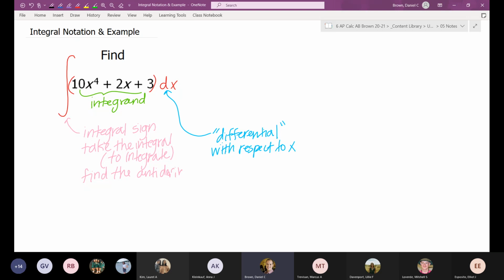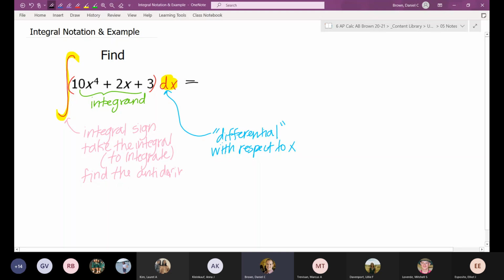And what's kind of picky, and the AP exam's a little bit picky about this as well, is think of these as bookends. So the integral tells you where to start integrating, and then the dx tells you where to stop. So everything between the integral sign and the dx is what's being integrated, or what you're finding the antiderivative of. So I would read this out loud as the integral of 10x to the fourth plus 2x plus 3 with respect to dx.